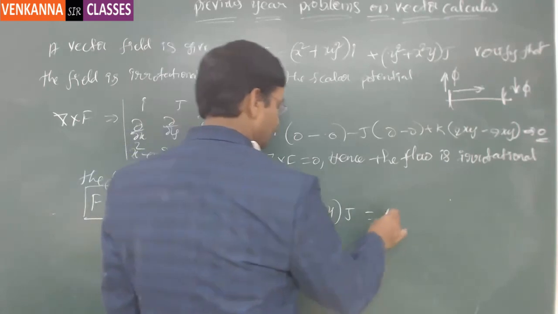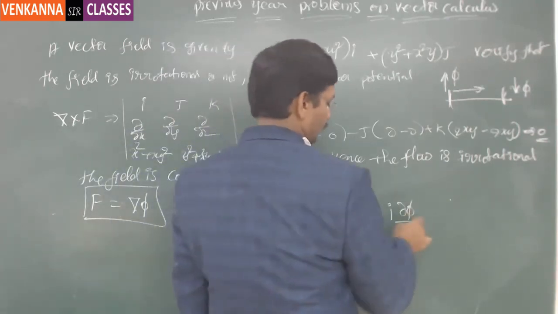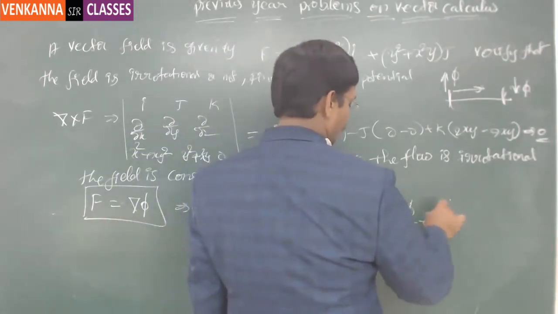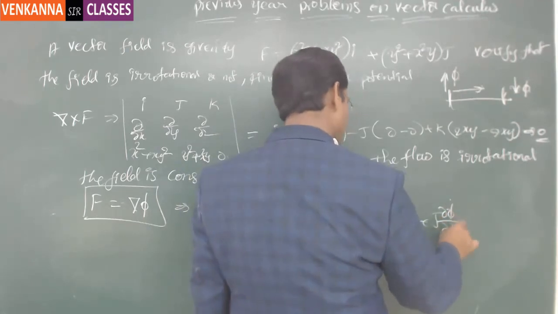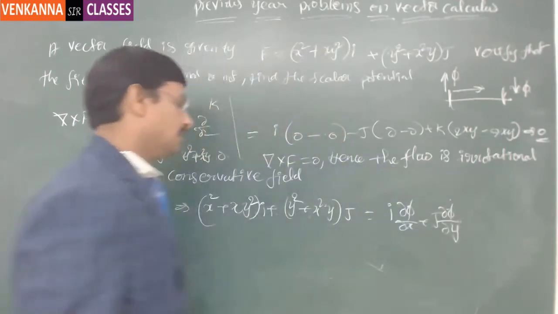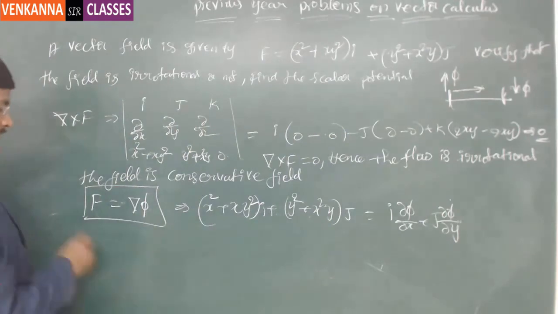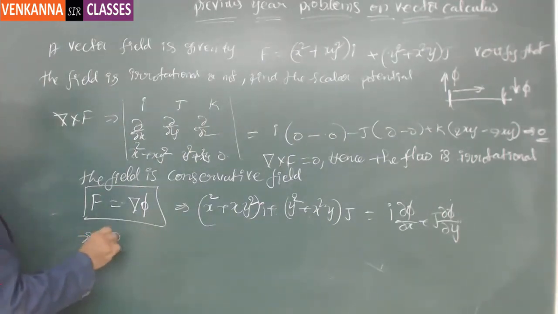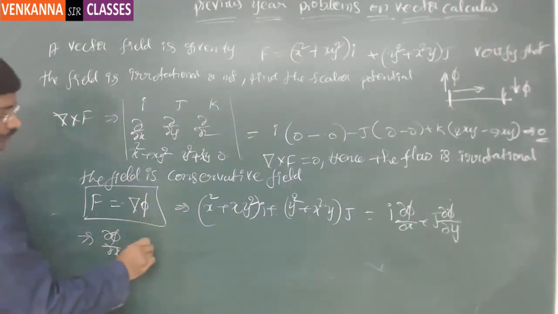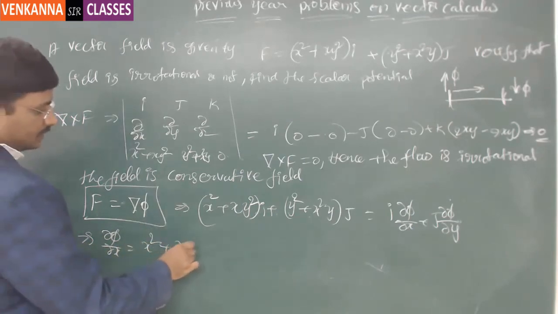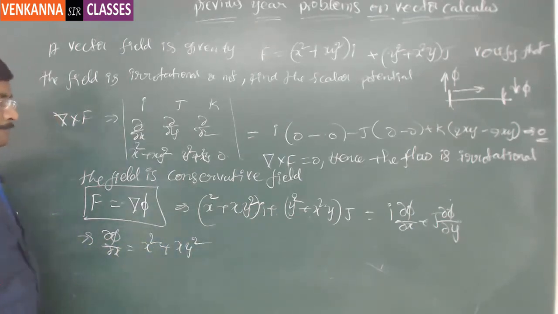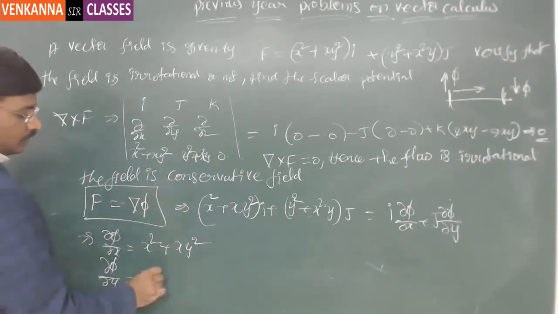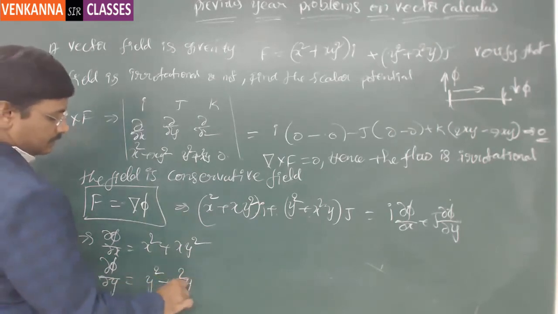This is equal to i dou phi by dou x plus j dou phi by dou y. You don't need to consider the k factor because there is no k component. So dou phi by dou x is equal to x square plus xy square, and dou phi by dou y is y square plus x square y.